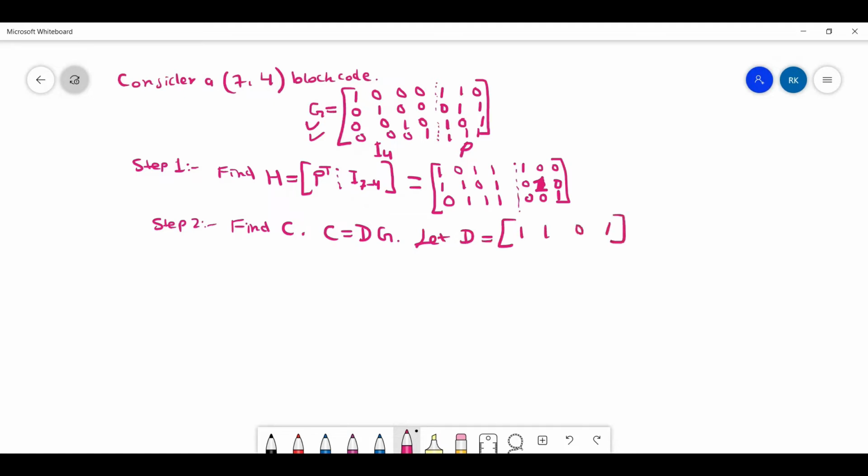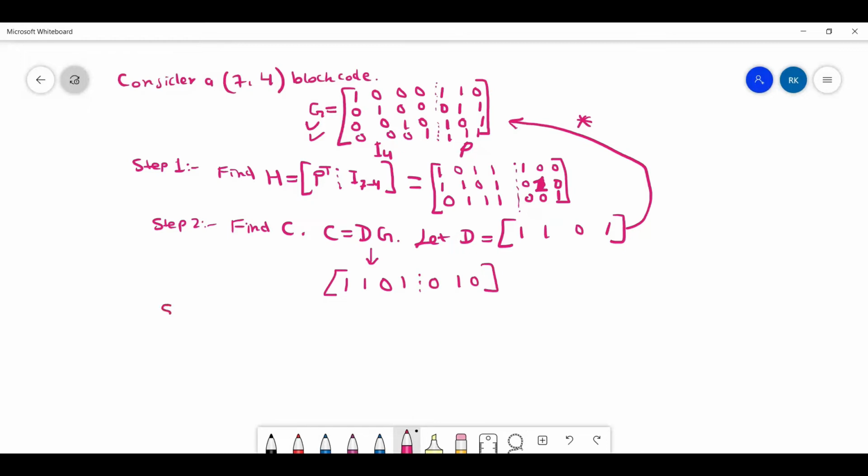For this message block, the code is given by its multiplication from the generator matrix. So let's multiply D with G. So C equal to DG will yield you this 7 element vector 1, 1, 0, 1 and 0, 1, 0. So we have this code vector corresponding to this message block D.